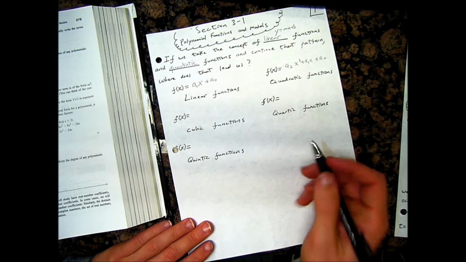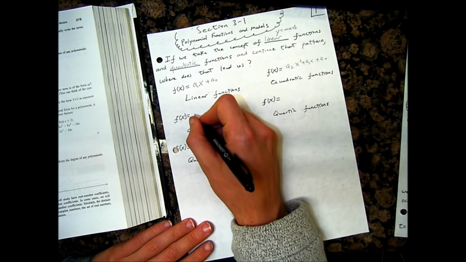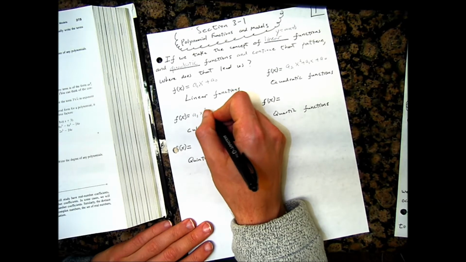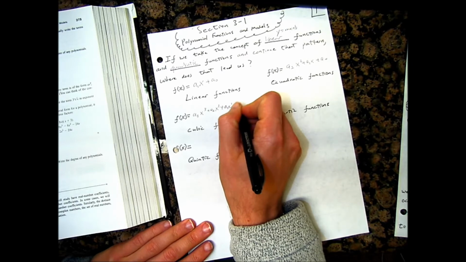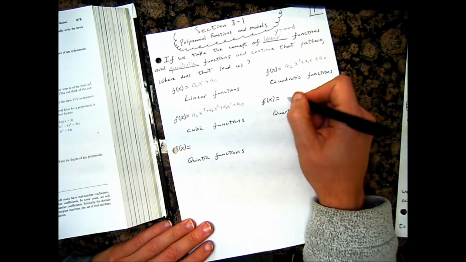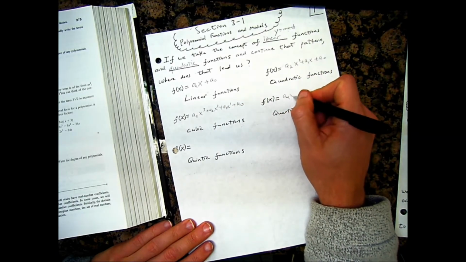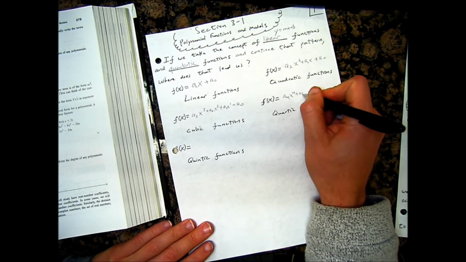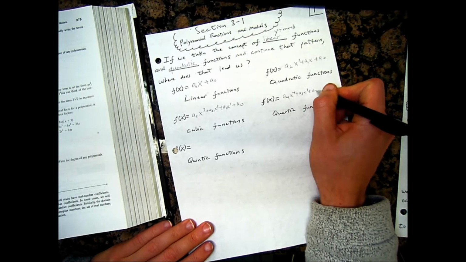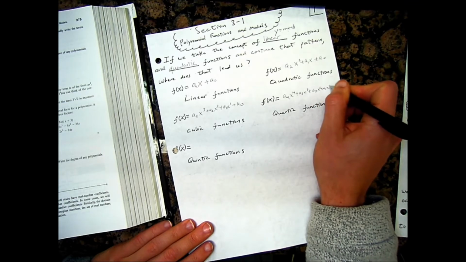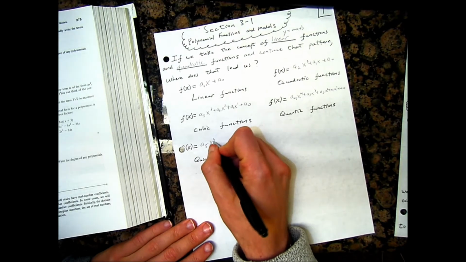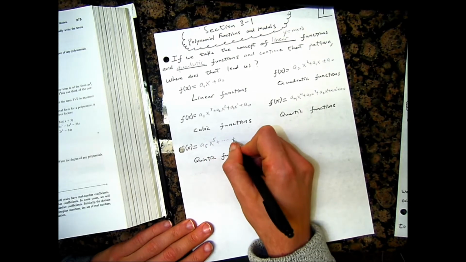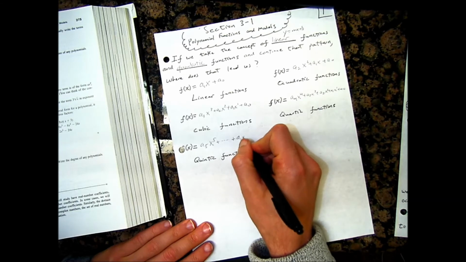And then a cubic function, you just keep adding terms: a3x cubed plus a2x squared plus a1x plus a0. Quartic function, and so on. And then a quintic function is just a fifth degree. And I won't write them all. Okay?